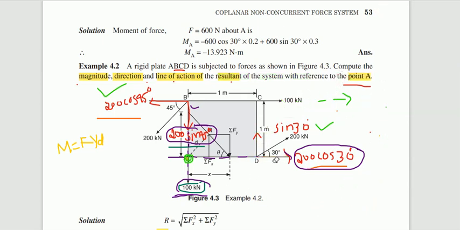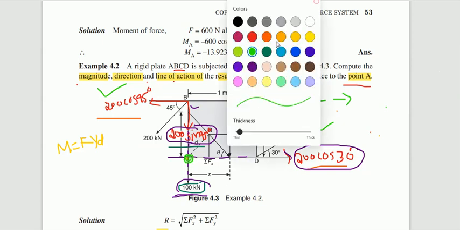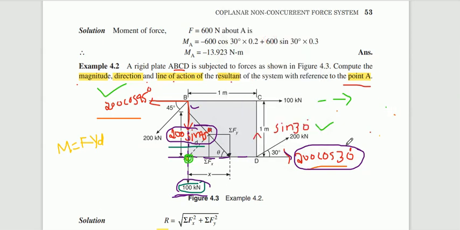Now consider the other force, that is 200 into sine 30. What is the moment of 200 sine 30 about point A? It is 200 sine 30 into 1, because it is force into perpendicular distance.